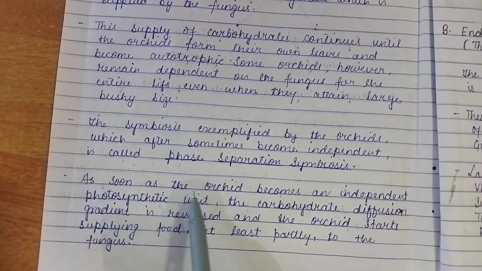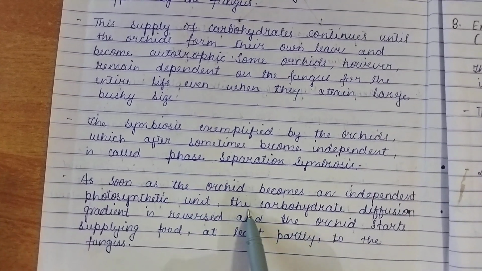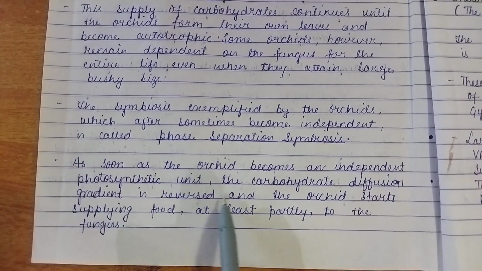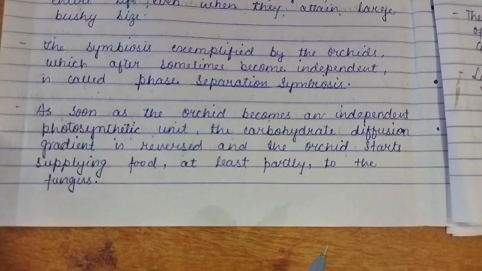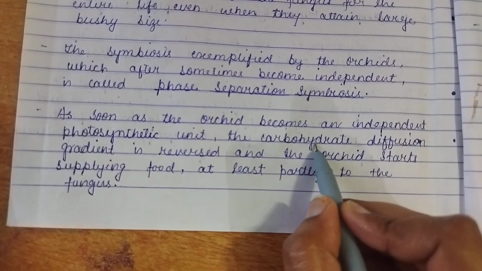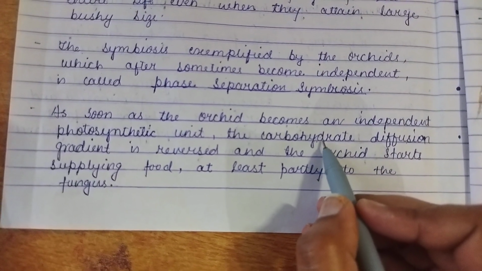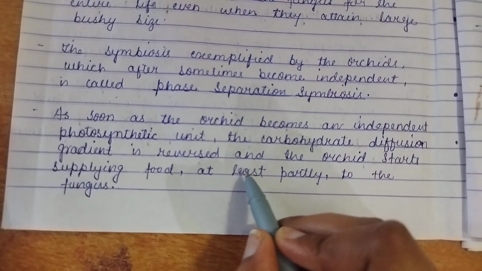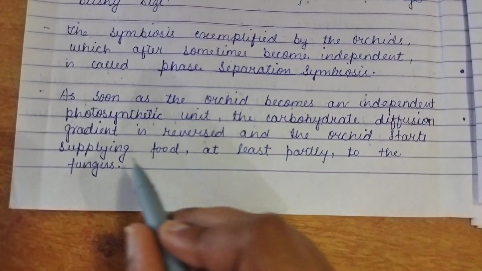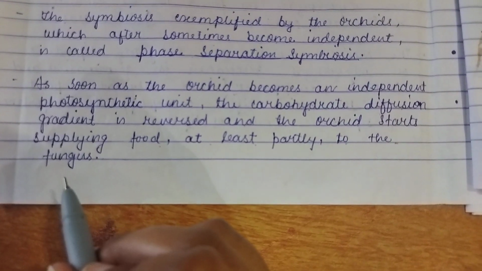As soon as the orchids become an independent photosynthetic unit, the carbohydrate diffusion gradient is reversed, and the carbohydrate which was supplied by the fungus is now reversed, and orchids start supplying food, at least partly, to the fungus.